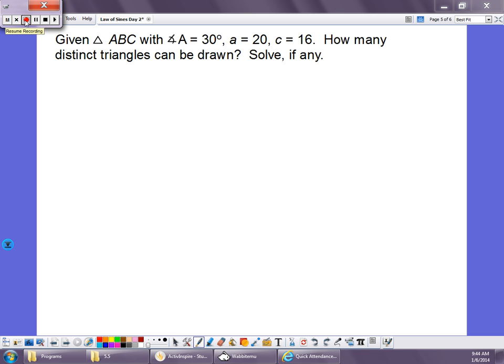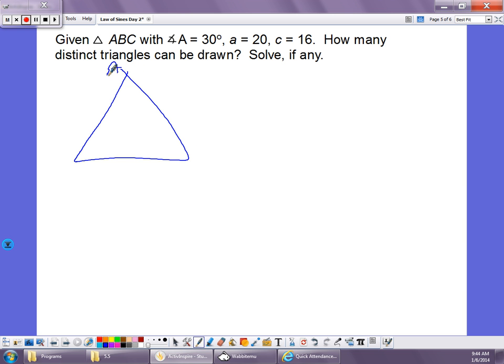All right, so the first triangle, you get A, B, C. Okay, so it's angle side-side, right? So you go through, you work it out.